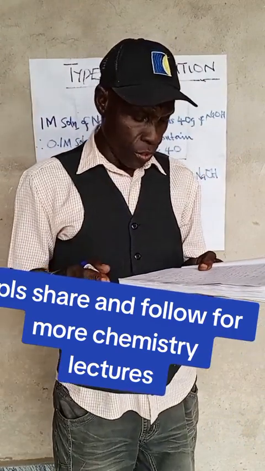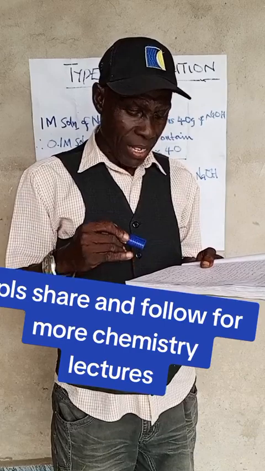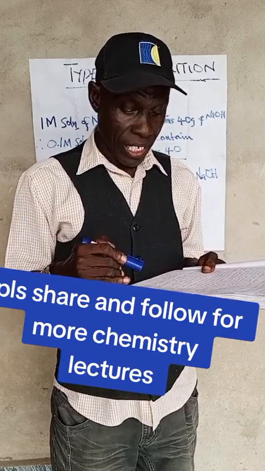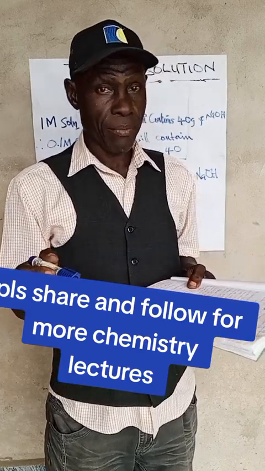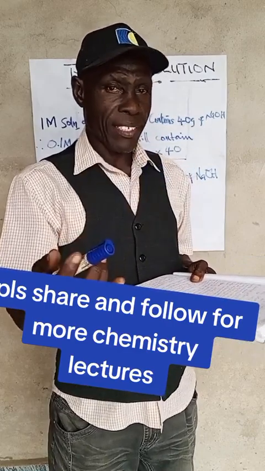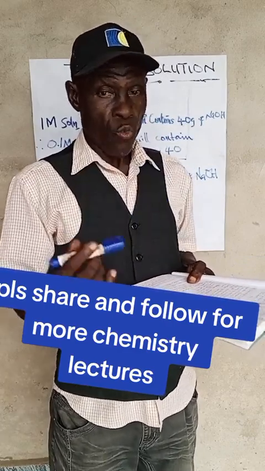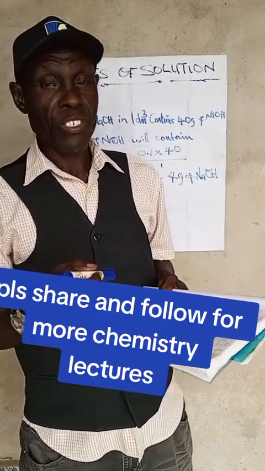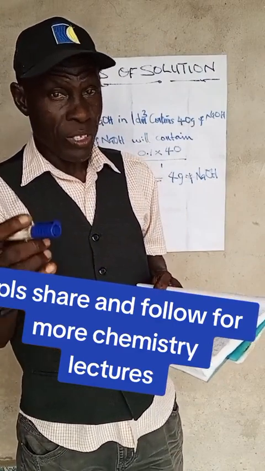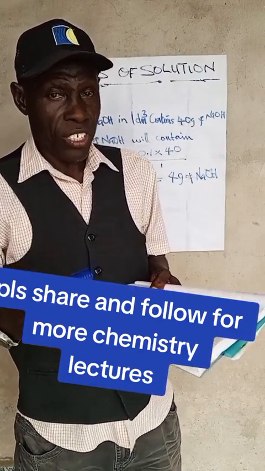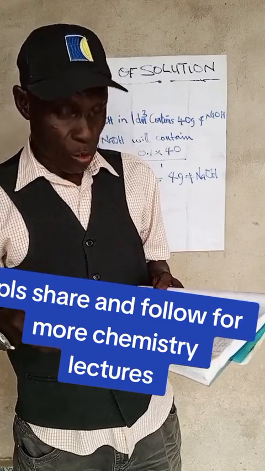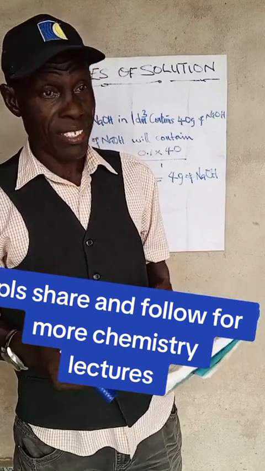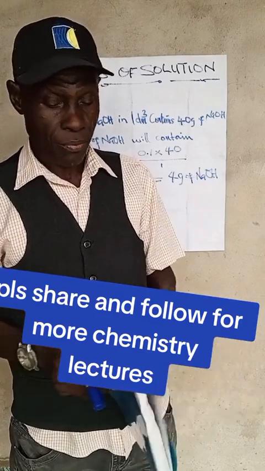Number two, you must be able to weigh a substance on a chemical balance. We have spirit balance, we have chemical balance, where we can weigh the quantity of chemical substances you need. So you must have the knowledge or the ability to weigh chemical substances on a chemical balance.